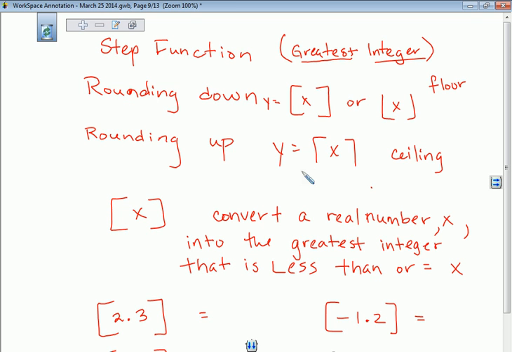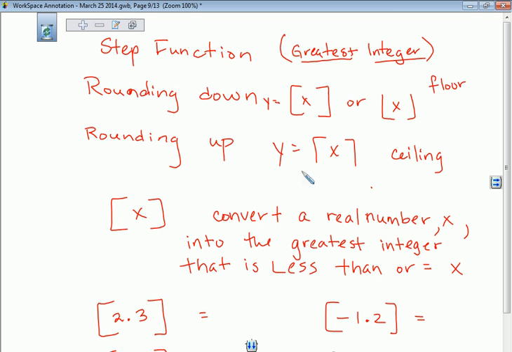The rounding down has 2 different symbols here that we could use. The double brackets, or that kind of L's where it looks like it's bottomed out. The rounding down function can be called the floor versus the rounding up. See how the brackets just have the top part here? The up would be considered a ceiling function, floor, ceiling.